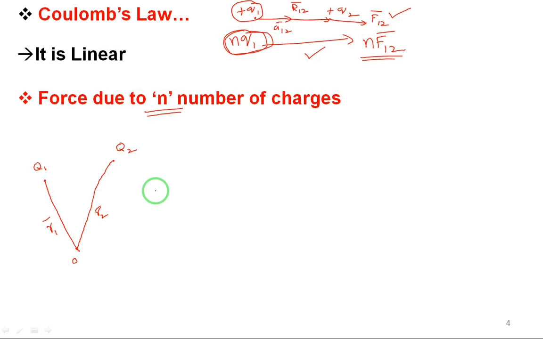Then I will take another charge Q here. I want to find out the force exerted by charge Q1 on Q, and the force exerted by charge Q2 on Q. If I take Q3 on Q, Q4 on Q, and so on, it will go till Qn, but I have taken only two charges. Here I am assuming all these are positive charges.